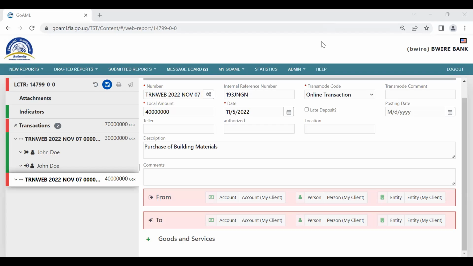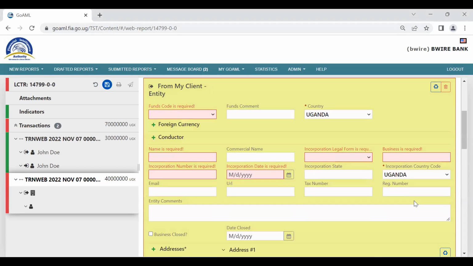Okay, so let's proceed. We said we'll start with the company that is sending out money.